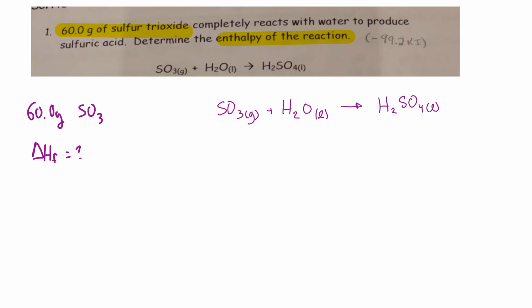First of all, the step to take is to find our delta HF, and to know what the formula is. It's the sum of the delta HF of the products minus the sum of the delta HF of the reactants.